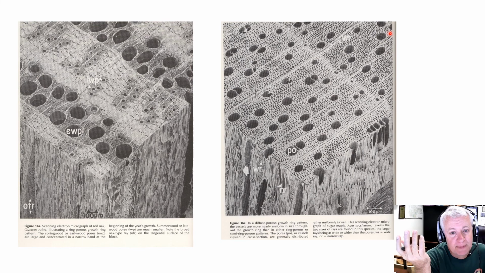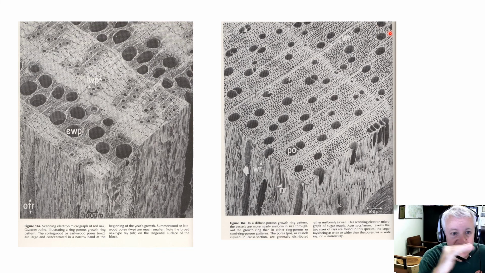And when I look at, for instance, cross sections of gymnosperm wood with tracheids, while in any particular cross section there's not necessarily a visible ray touching every particular tracheid, we need to remember that tracheids tend to be very long.